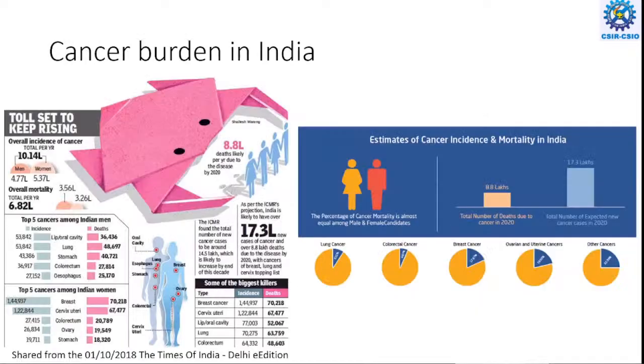So why are these things required? Because, as I already told you, the number of cancer cases is increasing. This is the statistics of increasing numbers of cancers in India. If you see, there are roughly more than 10 lakh cases of cancer reported every year, and it is increasing day by day.